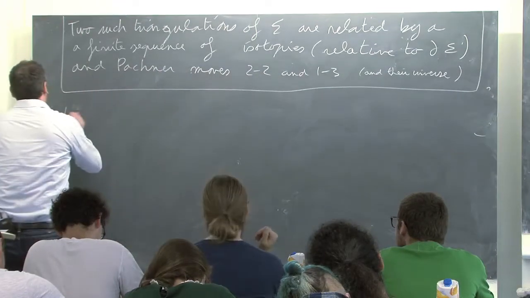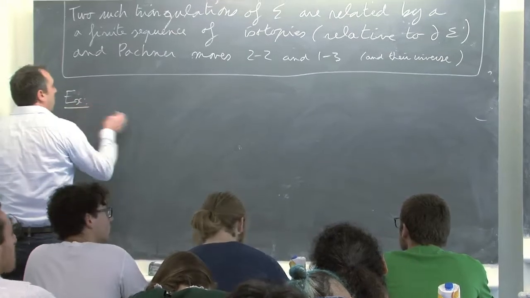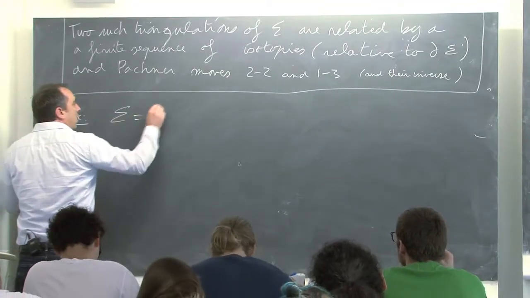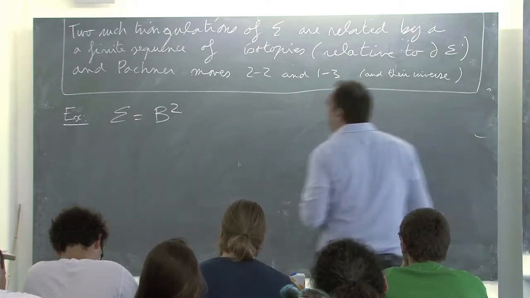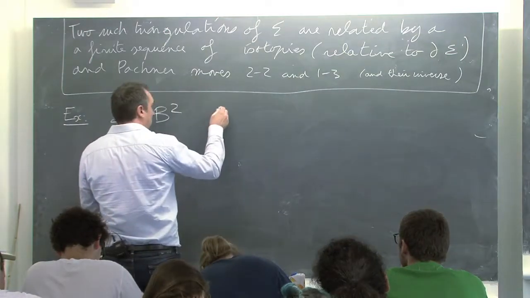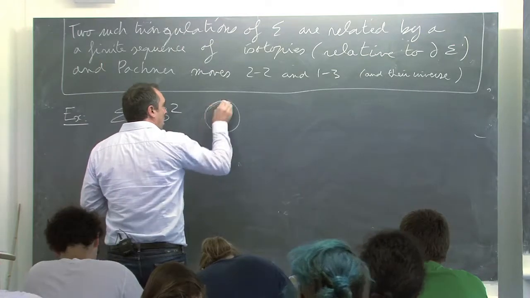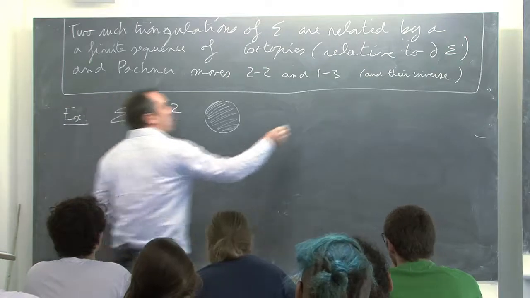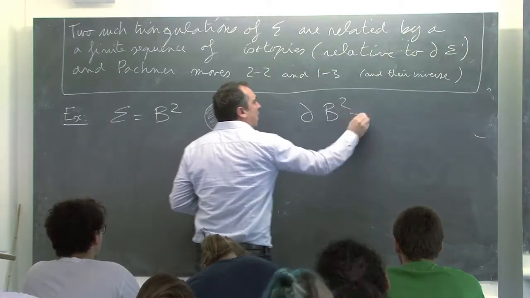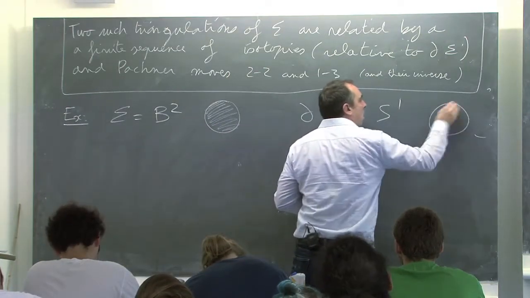So let's see just an example. I consider the disk, B2. So the boundary of the disk is a circle.